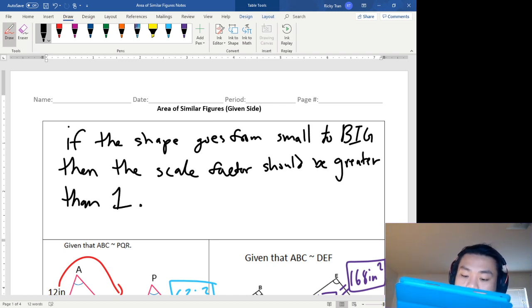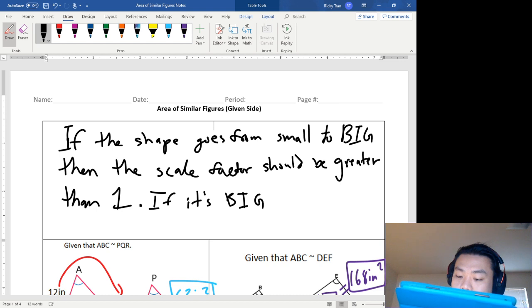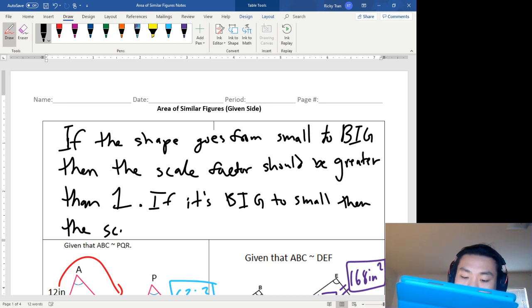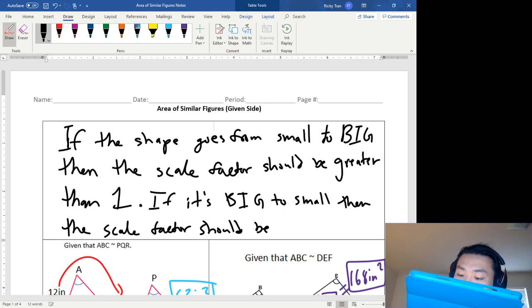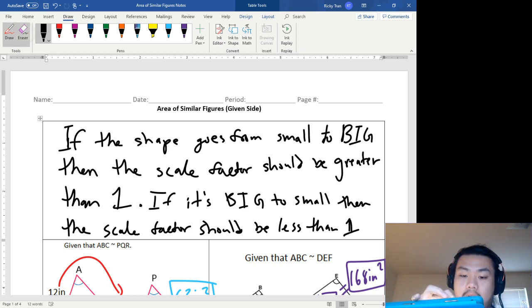Okay? If it's big to small, then the scale factor should be less than 1. All right?